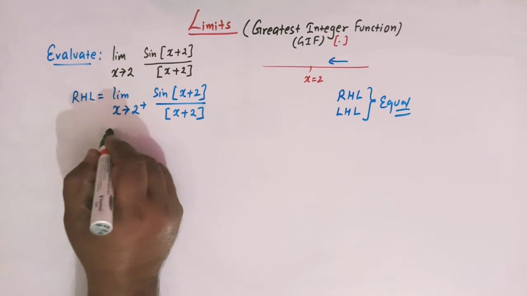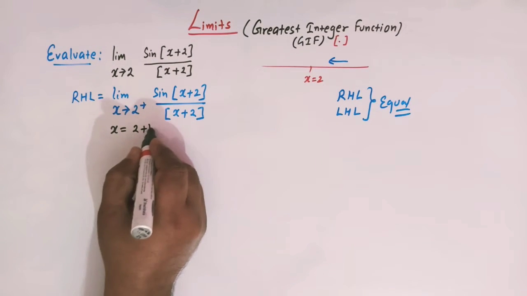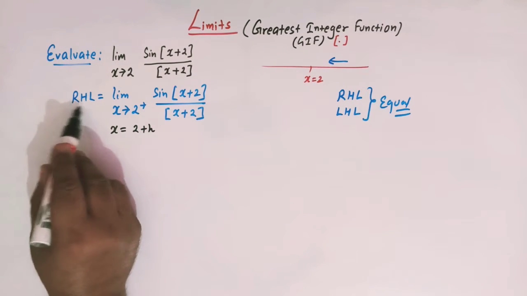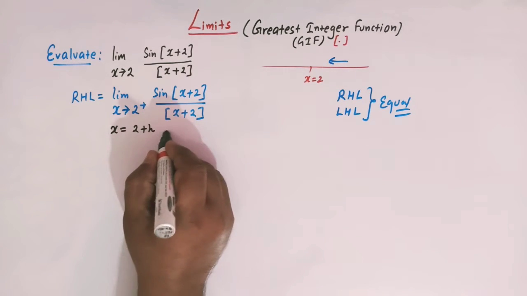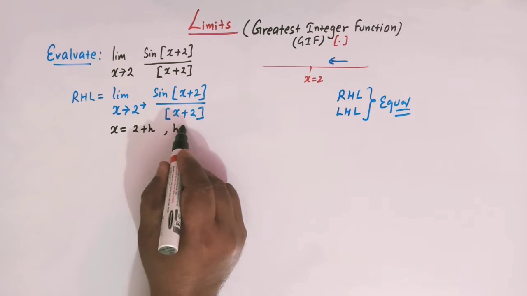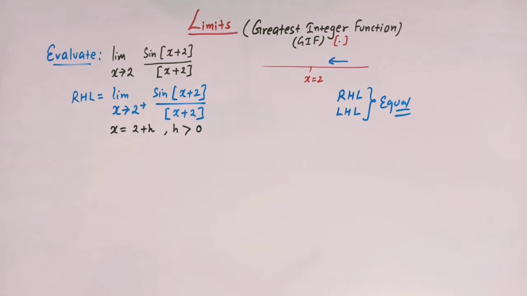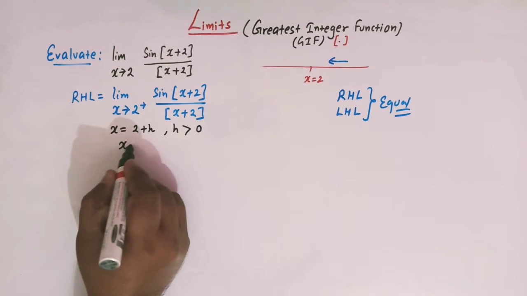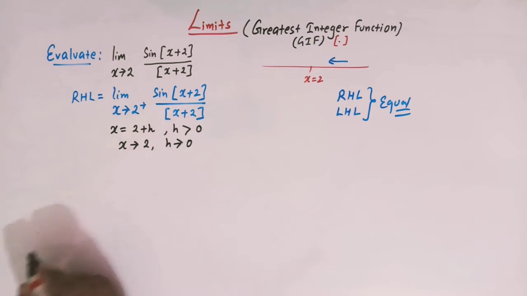Now let us put x equal to 2 plus h, because we are calculating the right hand limit, where h is a very small quantity but greater than 0. It implies that h should be positive.